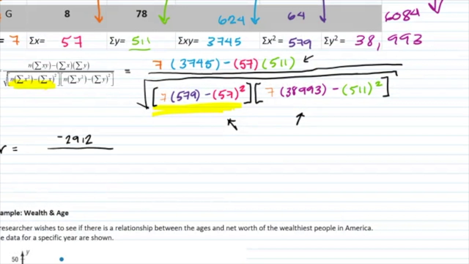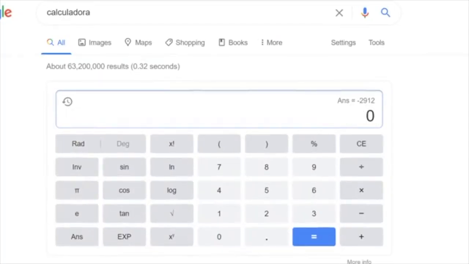So what I'm going to do is calculate the first bracket just to show you how it's done. 7 times 579 minus 57, but this 57 I need to square.